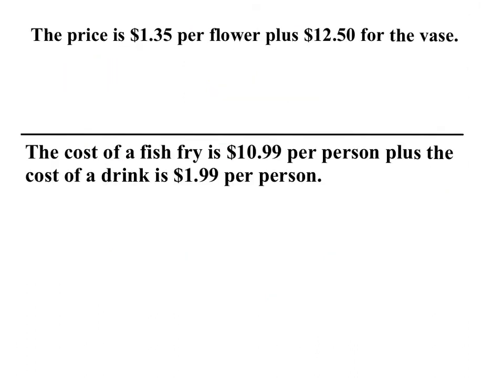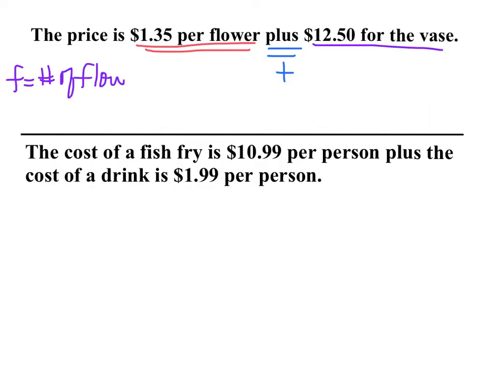The next one is the price is $1.35 per flower, plus, well, there's a word that we know, $12.50 for the vase. So let's do F is equal to the number of flowers. Now, whether you buy 1 flower, 10 flowers, or 20 flowers, they're only going to charge you $12.50 for the vase. That's it. So whether you buy 1 flower, they'll charge you $12.50 for the vase, or 30 flowers, $12.50 for the vase.